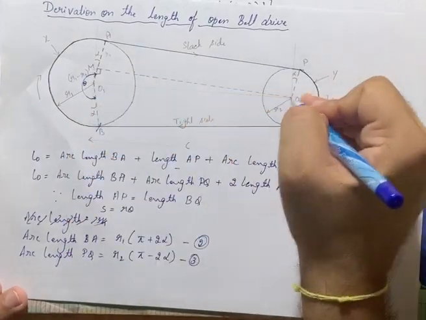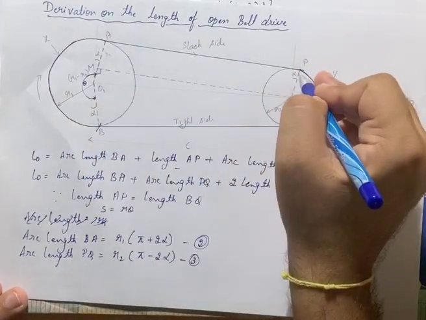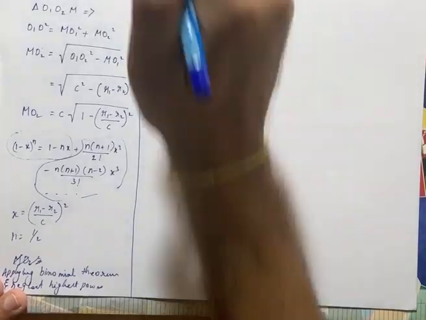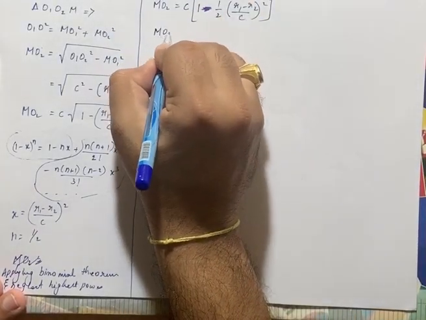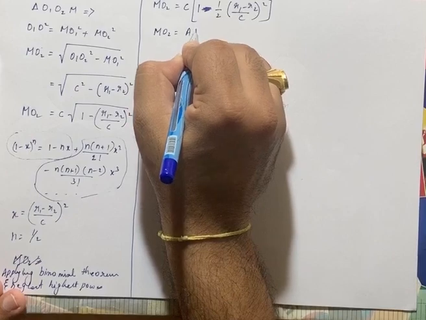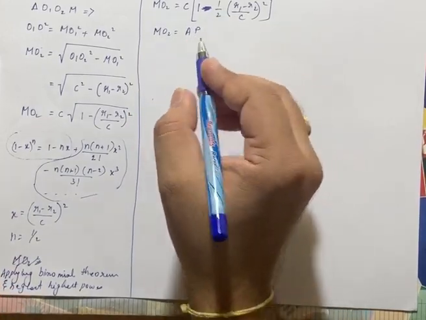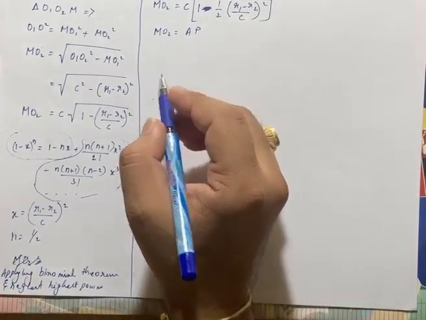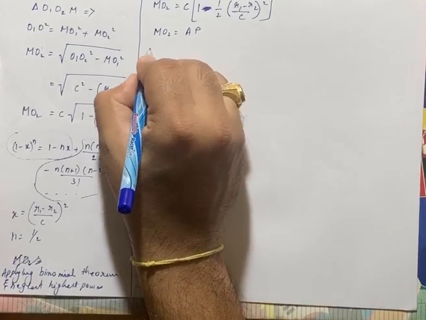This is MO2, but we know that MO2 is equal to AP. Instead of MO2, I can write it as AP here. Now, what is AP?